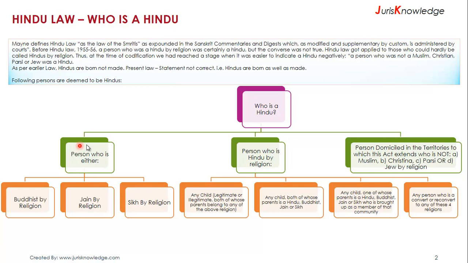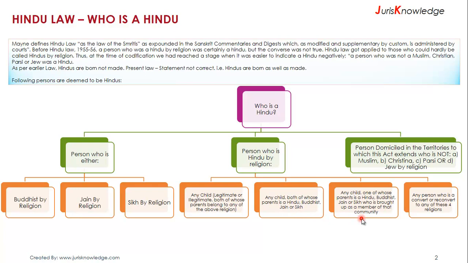The first categorization is based on the person who is either a Buddhist or a Jain or a Sikh by religion. The second categorization is based on the person who is a Hindu by religion, which means any child, legitimate or illegitimate, both of whose parents belong to any of the above religions. Any child, both of whose parents is a Hindu, Buddhist, Jain, or Sikh.